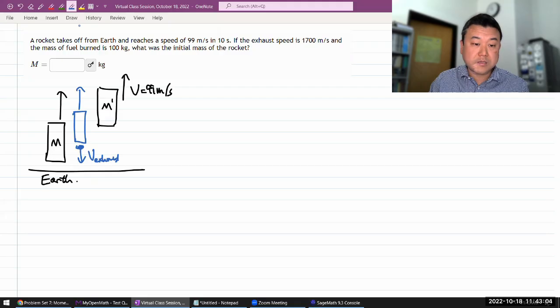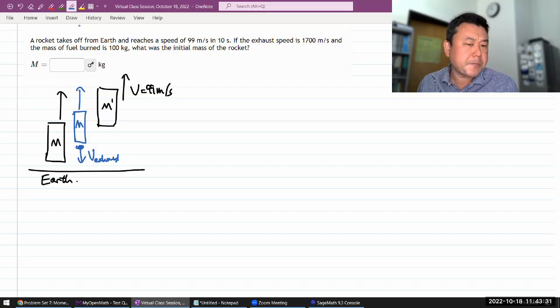So the momentum that's carried away by the exhaust gas has to be balanced out with the momentum change of the remainder of the rocket. So that's how we should approach it. Now, your textbook might have some formula derived. Let me do this based on first principles from scratch.